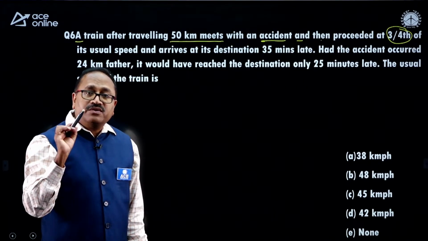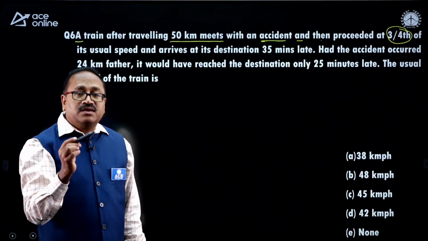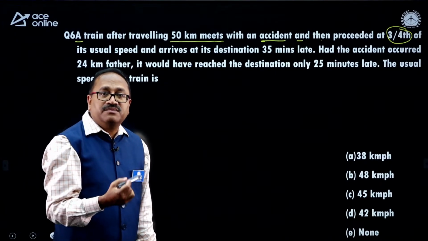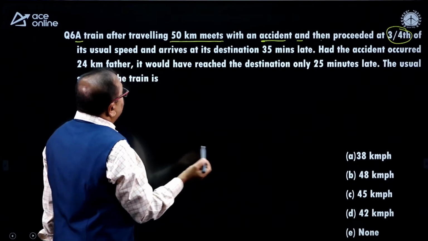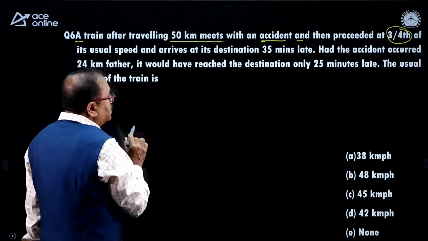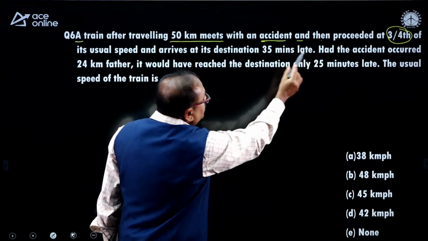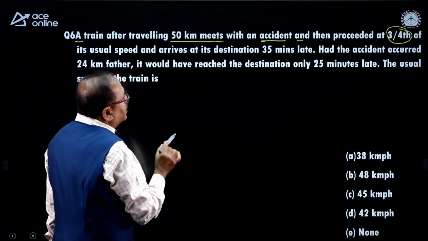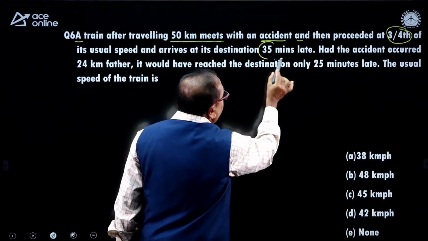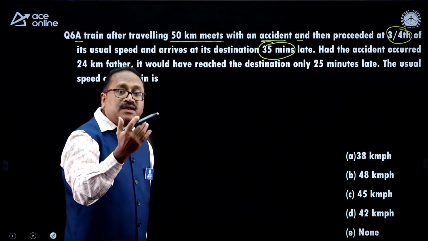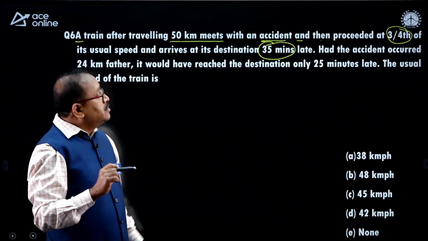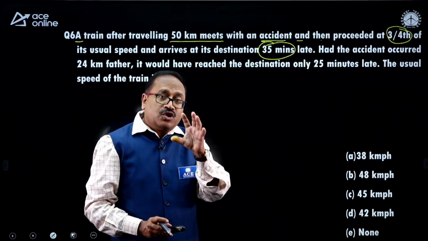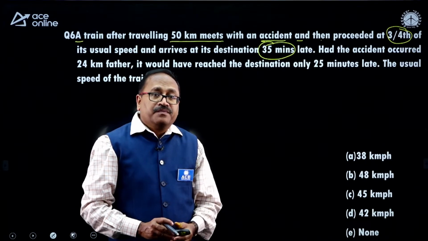A beautiful question, very frequently asked at either clerical level or even the NTPC CBT 2. So, in many examinations. So, let's say that he is moving with a speed of 3/4 of the usual speed and arrived at the destination 35 minutes late. Why? Because he reduced the speed to 3/4 of the actual speed.